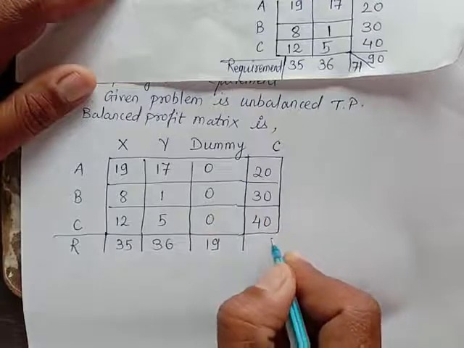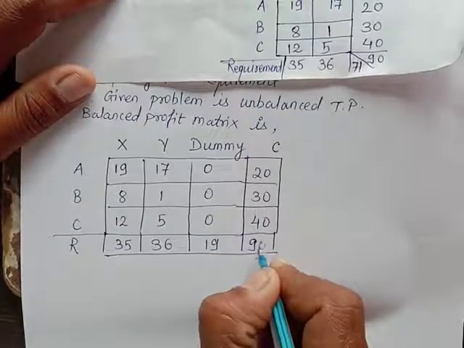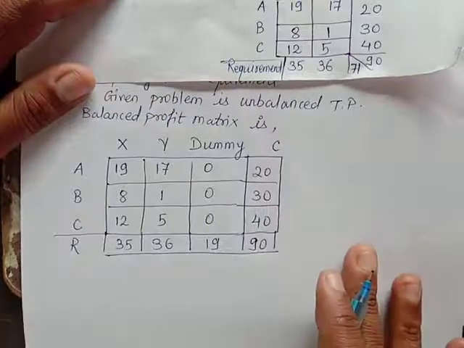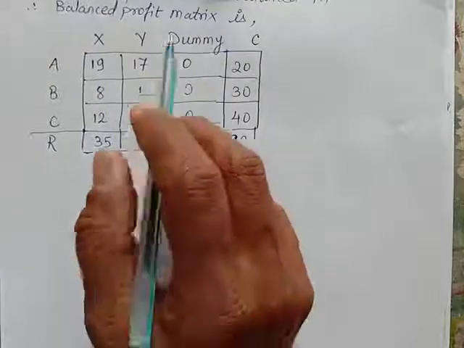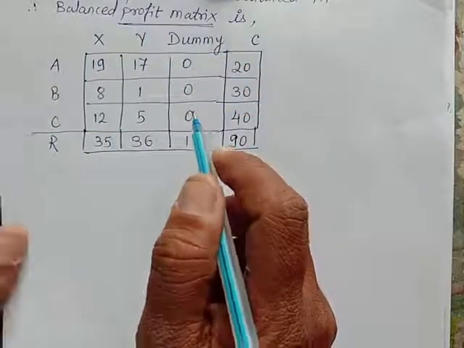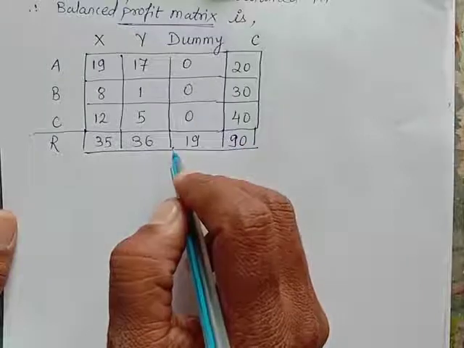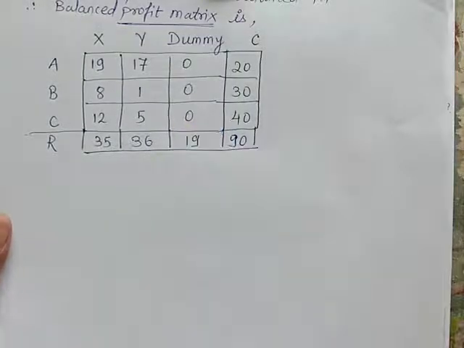So now it will become balanced, that is 90. Fine. But now this is a profit matrix. So everyone wants to increase his profit, means this is a problem of maximization type. So here we need to convert this into minimization type first.